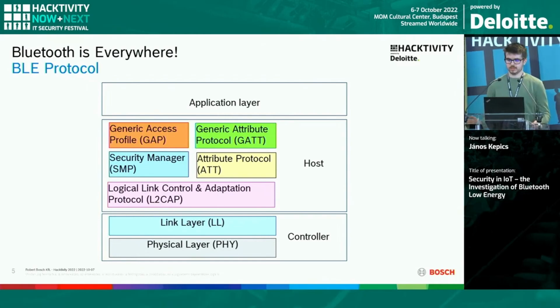For example, there is the Heart Rate Service, the HRS, with characteristics for monitoring your BPM. This service is mainly used in smartwatches, for example. And there is also the SMP, the Security Manager layer, which secures your connection.